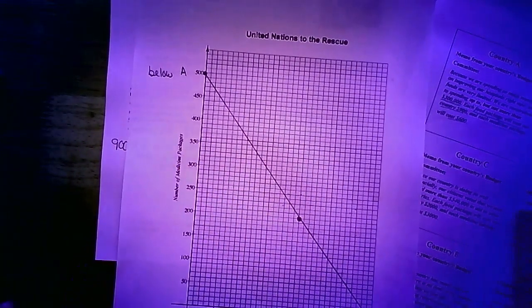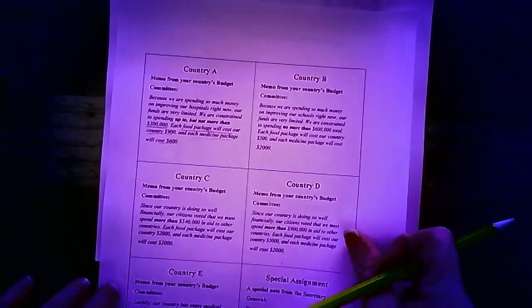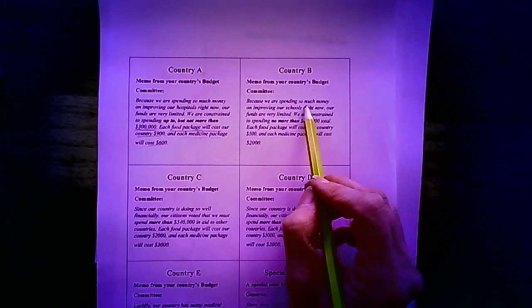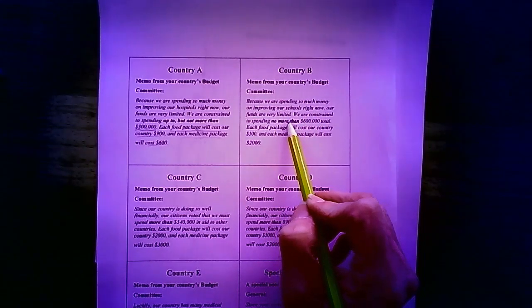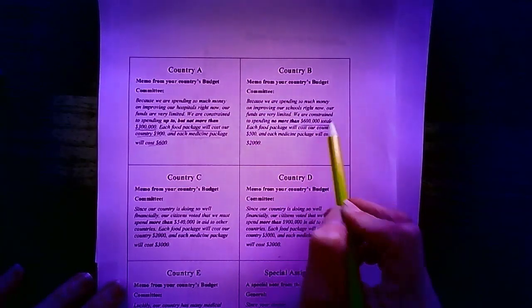All right, we're going to look at country B now. So country B says, because we're spending so much money on improving our schools right now, our funds are limited. We are constrained by spending no more than $600,000 total.